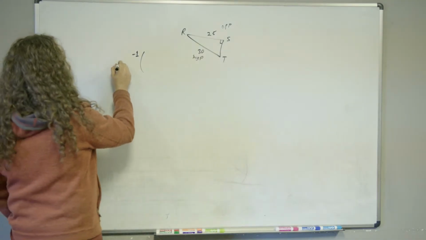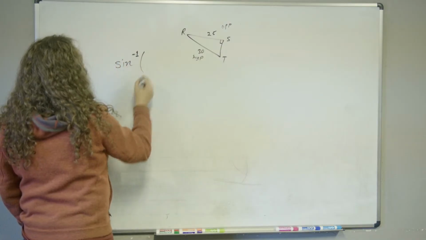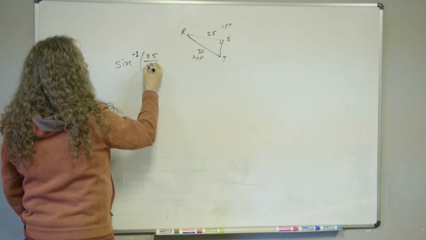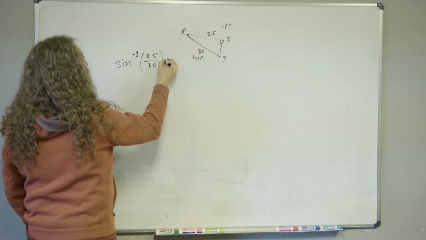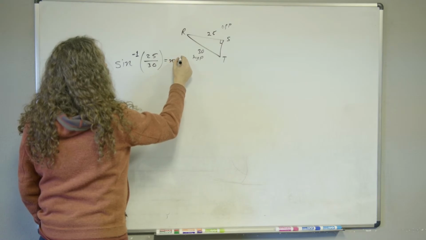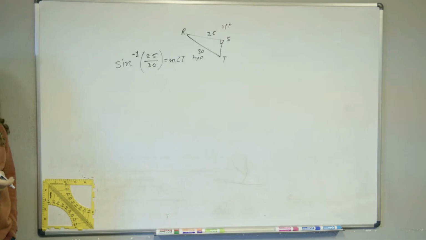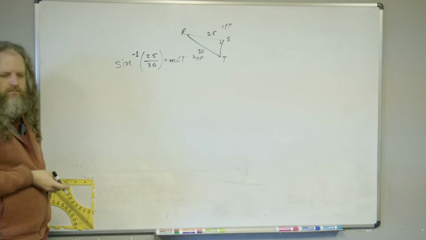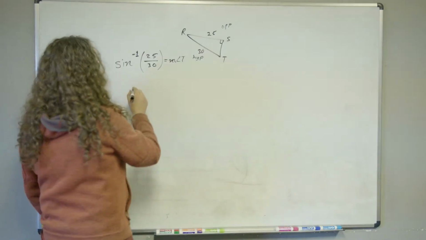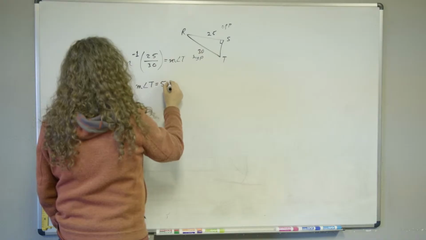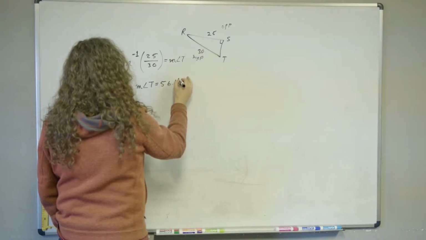So we're going to do the inverse sine of opposite 25 over 30. Okay, so then we punch that in our calculator and push enter. And what do we get? Okay. So the measure of angle T equals 56.4 degrees.